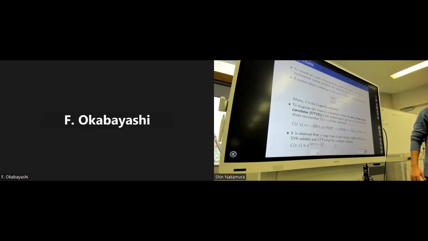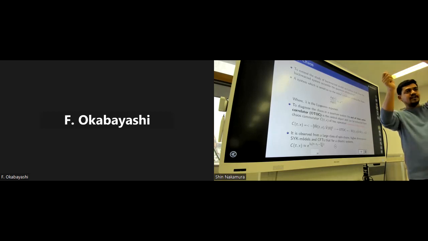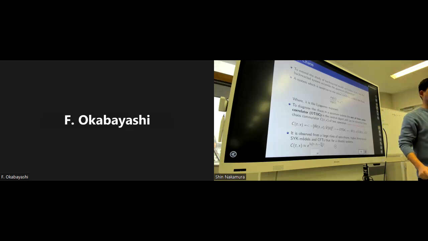Okay, so now I will come to the second part of the talk, which is related to chaos. So what is chaos? Basically, you take the initial point and slightly perturb it, and you measure it at a later time. If there is an exponential deviation between these two trajectories, then you will call the system chaotic.